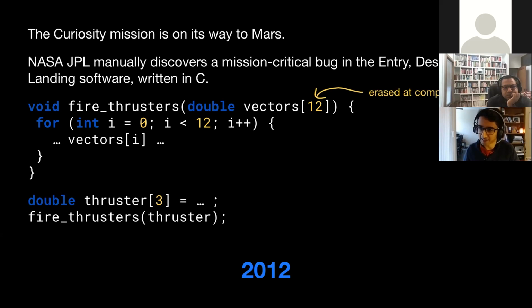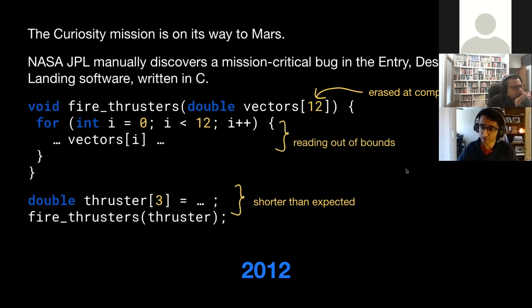And a quirk of the C language in this case is that this annotation that tells you the size of the array in the parameter is erased at compile time. It is not something that is checked, where you would normally expect an error when these two things don't match up. In this case, the 12 is ignored in this declaration of vectors. The value that was provided to this function as the actual argument was shorter than expected.